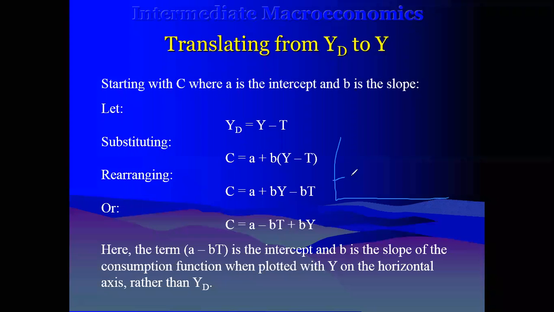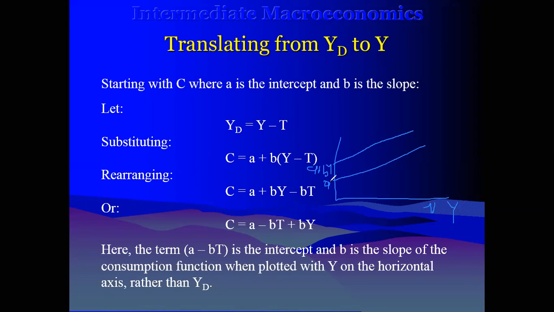Initially, this was our consumption function, right? With the intercept being what? Being A, because here was YD. But if we want to use Y, then now the intercept is supposed to be like this, because we have A and then our B, Y. This one is when we are expressing our consumption as a function of income.